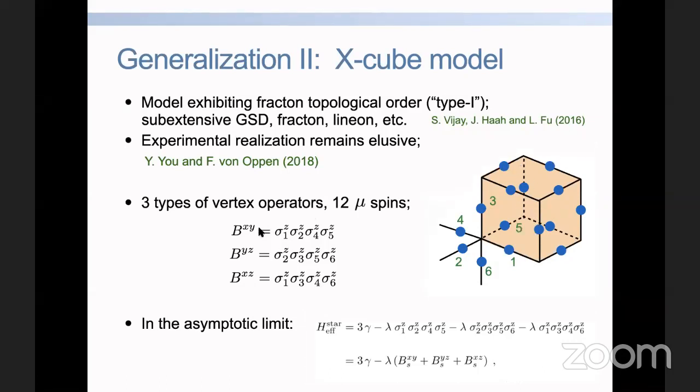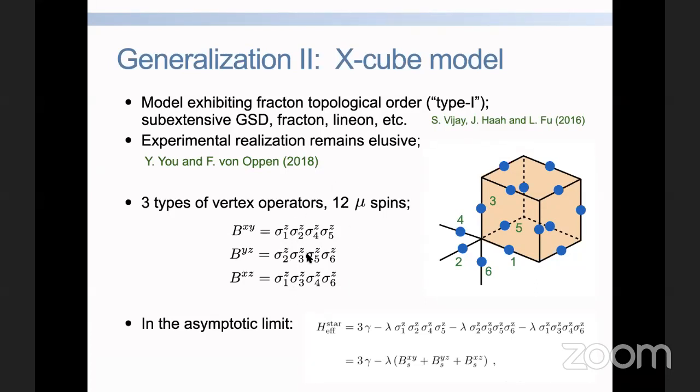Now, here we again see this familiar 4-body interaction, so we can actually realize this model by putting 12 mu spins, 4 associated with each group, and then we have 12 in total.